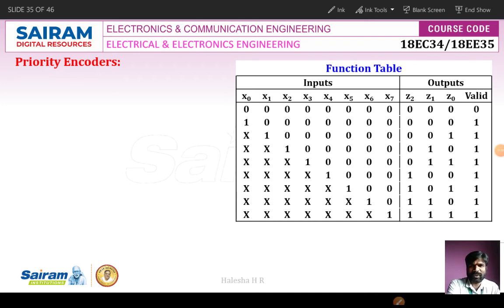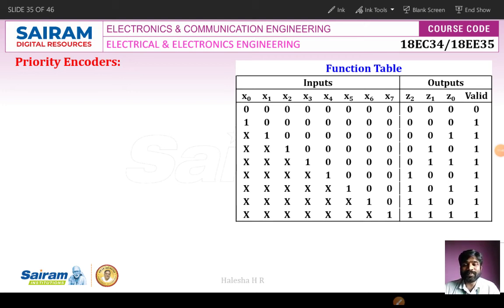Observe the first row, all zero. That means no input is selected, and the output is 0, 0, 0. The valid output is also 0. When all outputs are 0, 0, 0, it indicates that x0 is selected, but here x0 is also not selected. That is why the output is not valid. So if it is 0, it is not valid.